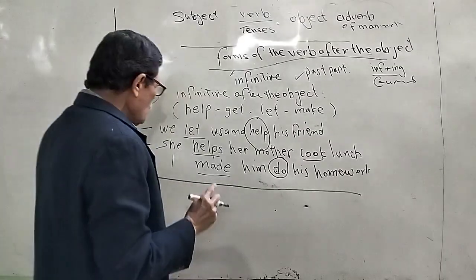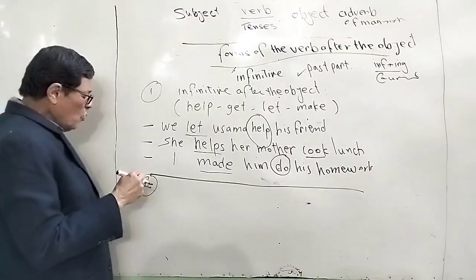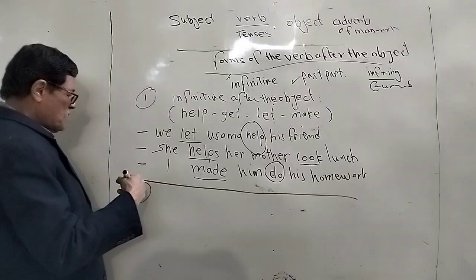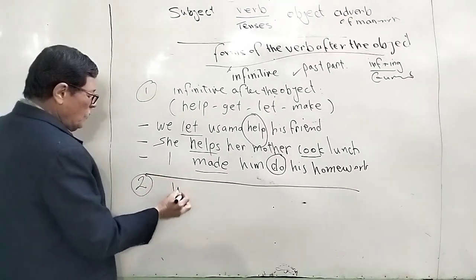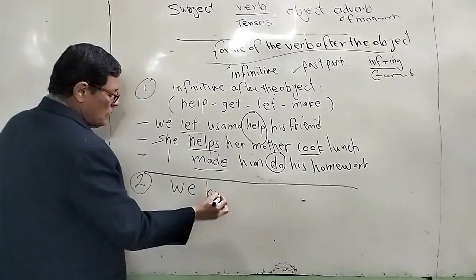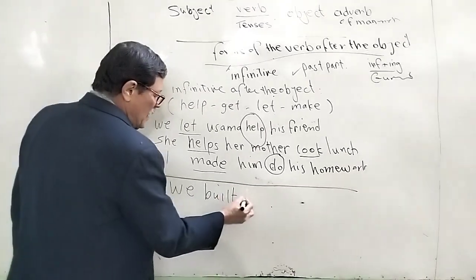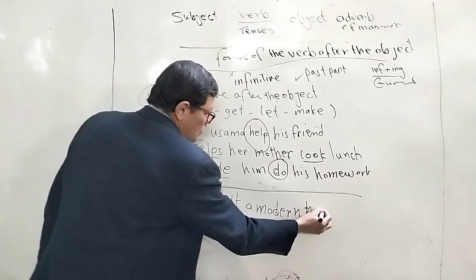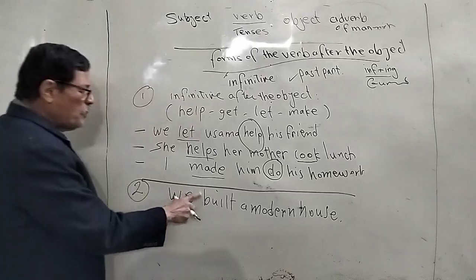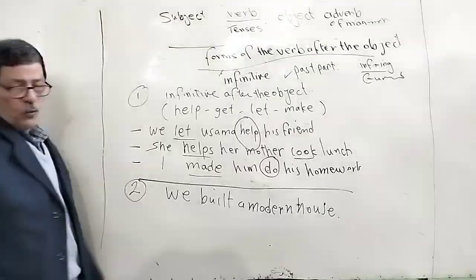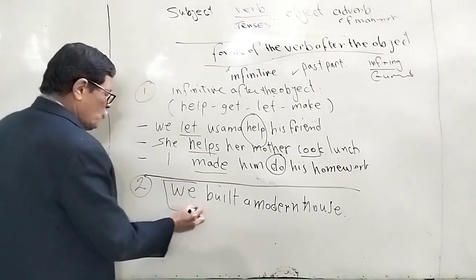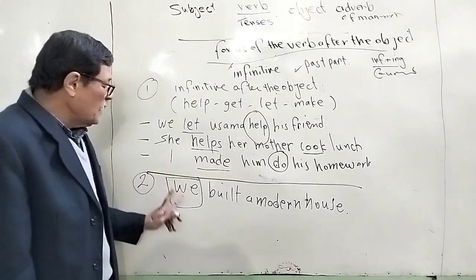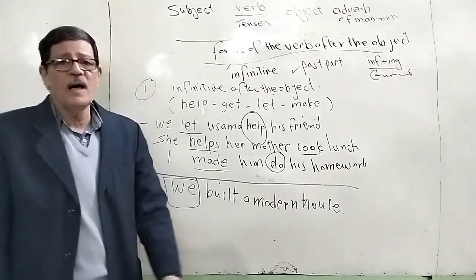Notice or concentrate on this sentence. We built a modern house. What is the subject? The subject is we. But we didn't build a modern house by ourselves.